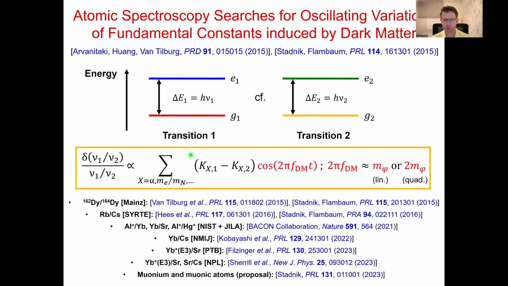The frequency of the signal that we will search for will be proportional to the dark matter particle mass. And we expect to see these oscillations in the frequency ratio measurements as long as the two transitions that we use have different sensitivities or responses to changes in the values of the fundamental constants.